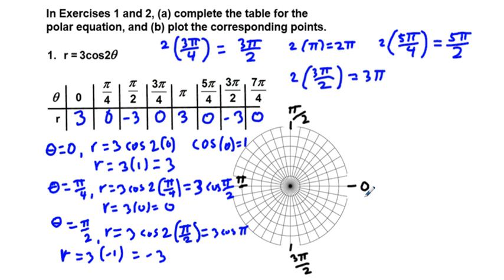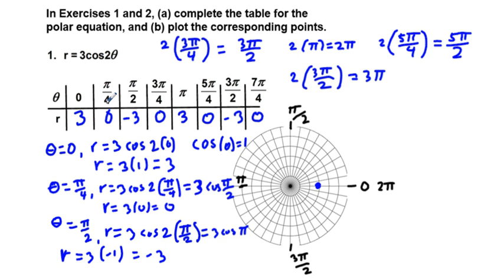And then 2 pi. And then we have at the top here 5 pi over 2, and so on, and then 3 pi. Anyway, we go over here, and we have theta 0. We have radius of 3, so 1, 2, 3. There we go.